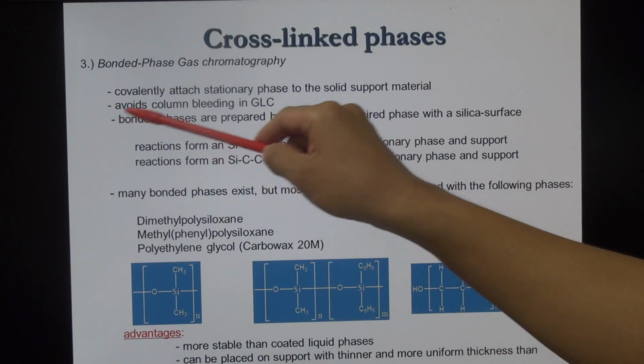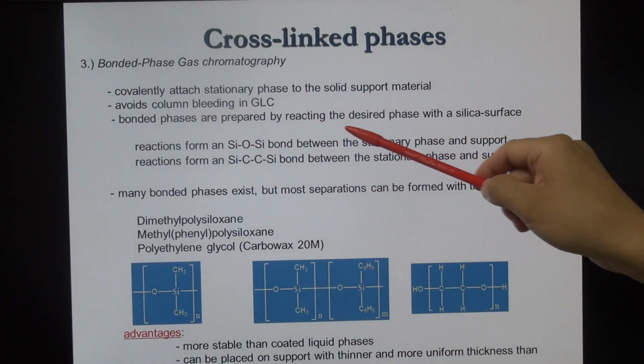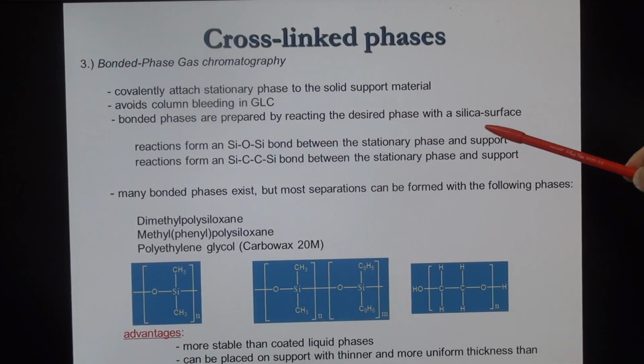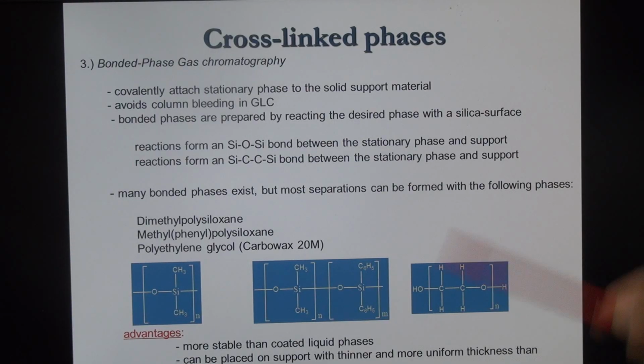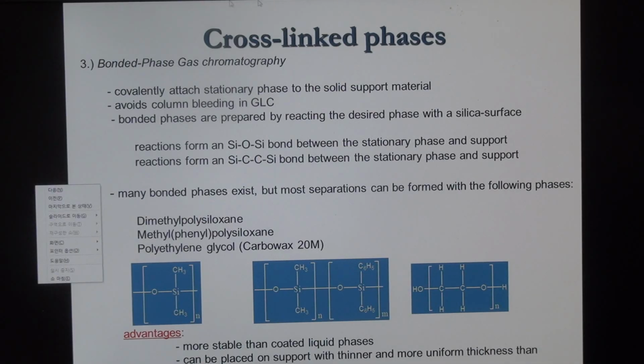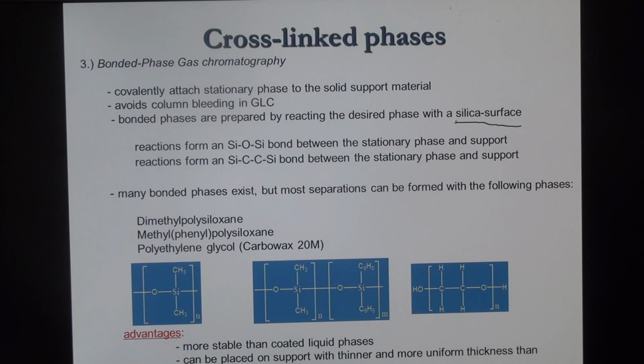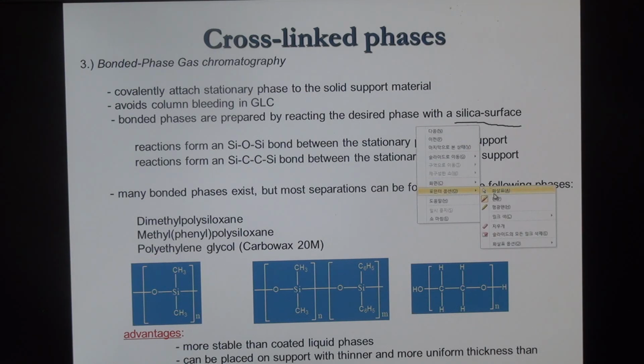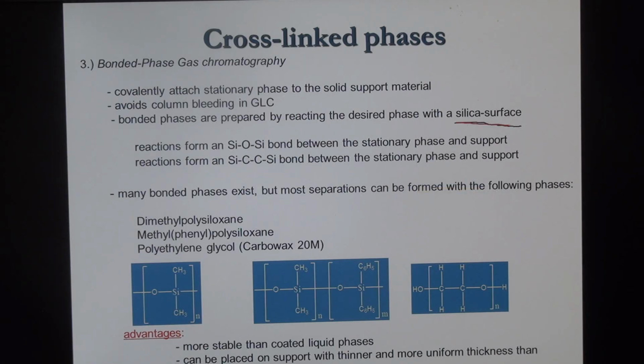So these chemically bonded stationary phases are prepared usually by reacting the desired phase with the silica surface. So silica surface has basically SiOH group, something like this. This silica surface basically has a chemical structure, something like this, SiOH.